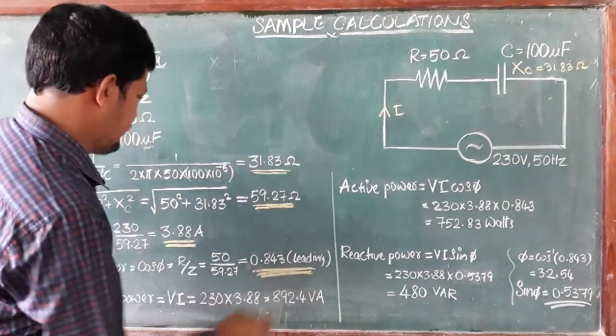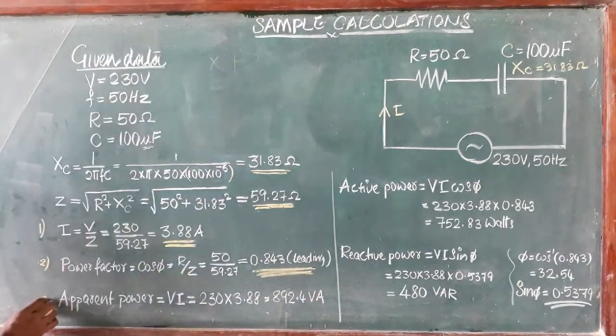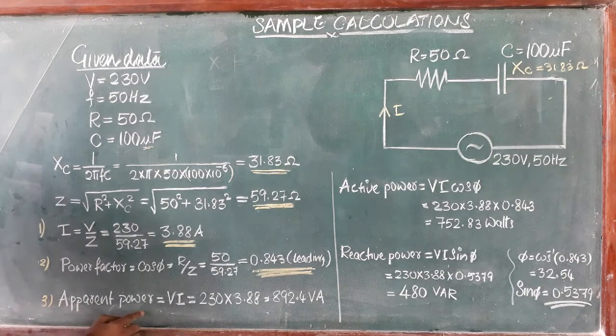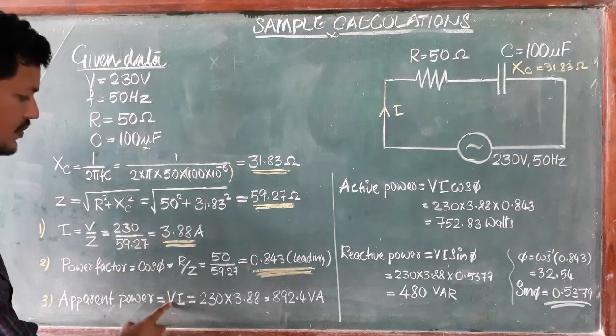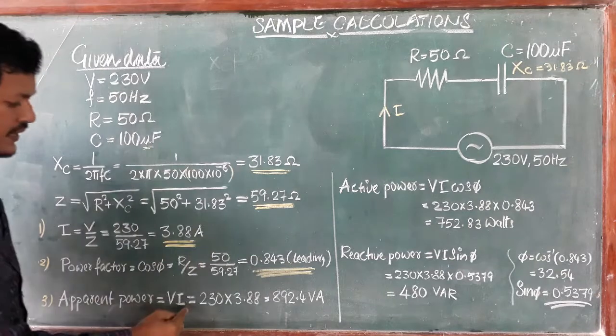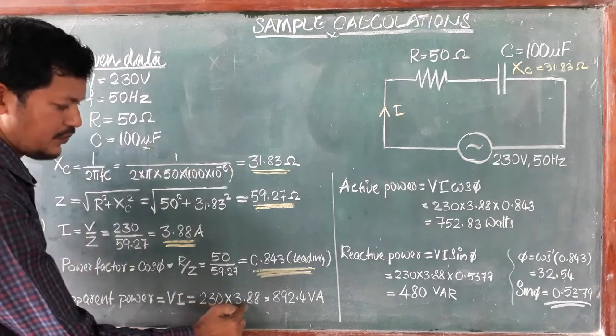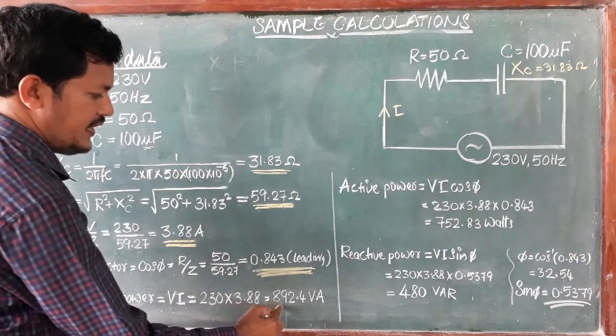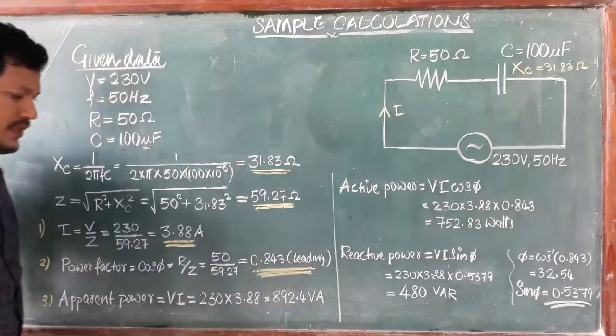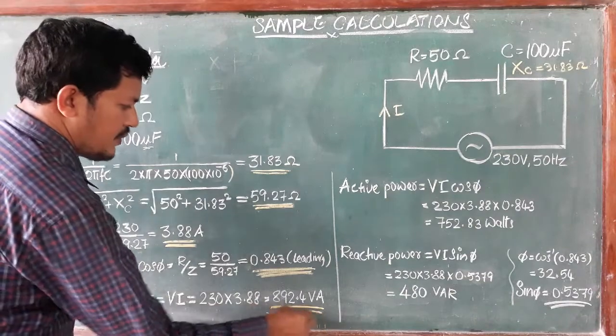Next is apparent power, which equals voltage into current. Voltage is 230 and the total current is 3.88. So 230 into 3.88 equals 892.4 volt ampere. This much apparent power we get.